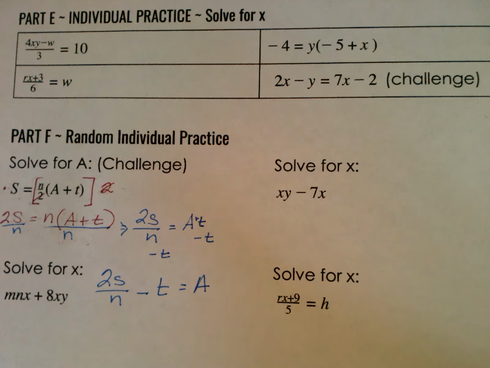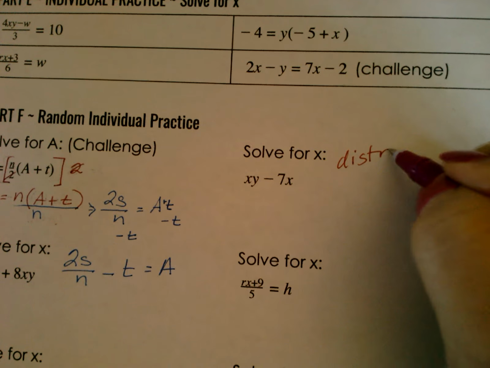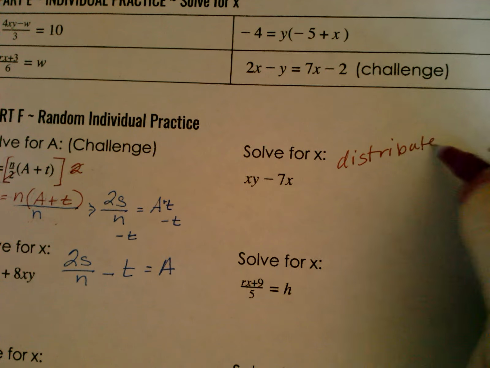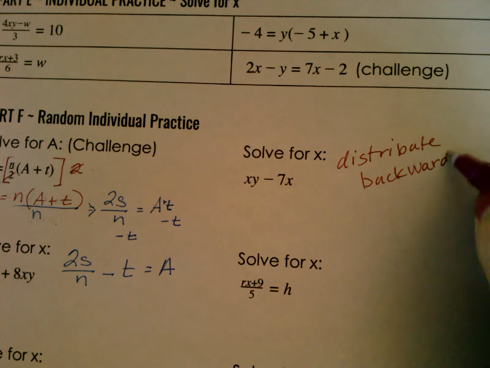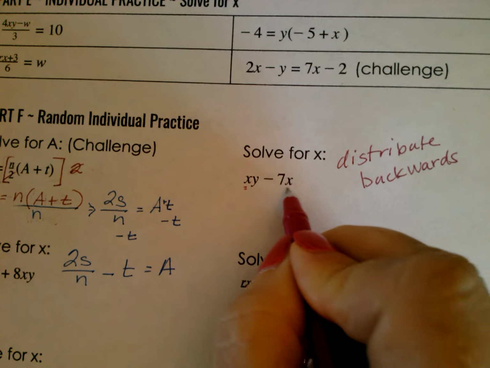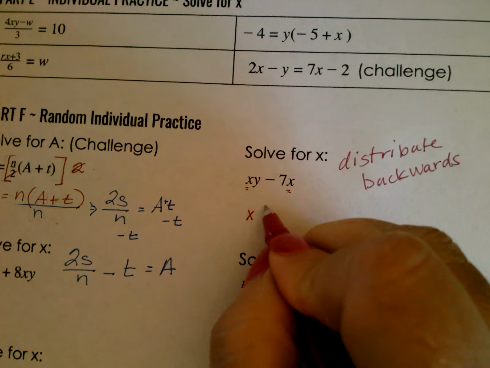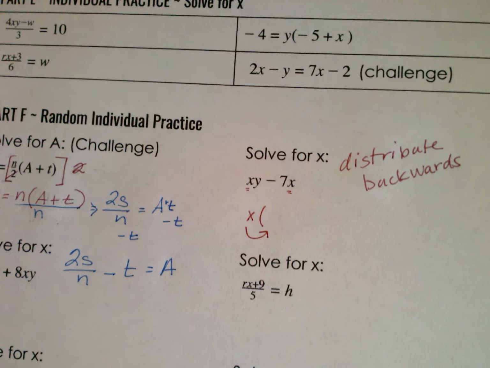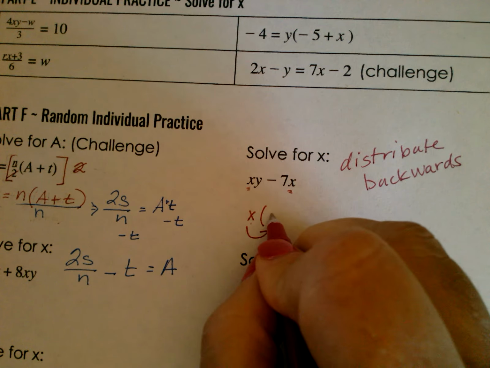For the next one, we are going to be thinking about distributing backwards, because I see that there is x in both terms. So I will pull out the x, asking myself, x times what will get me back to xy?